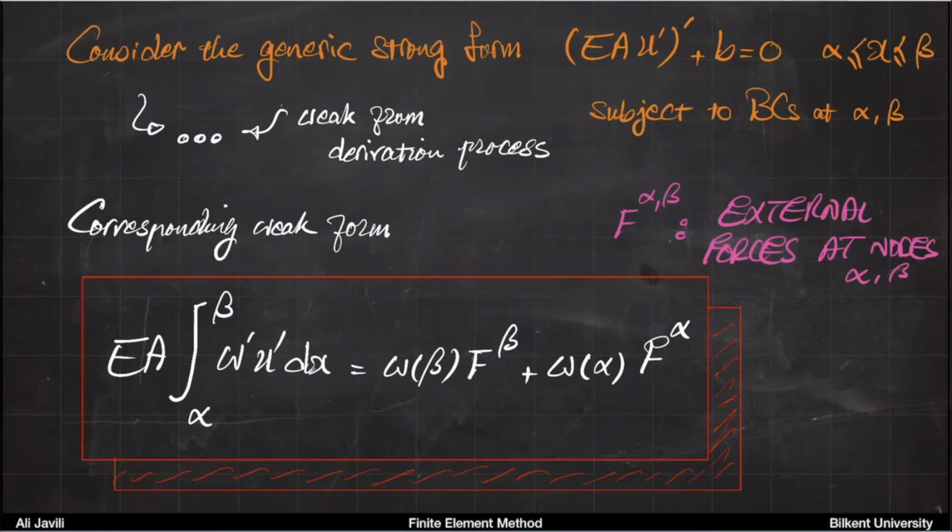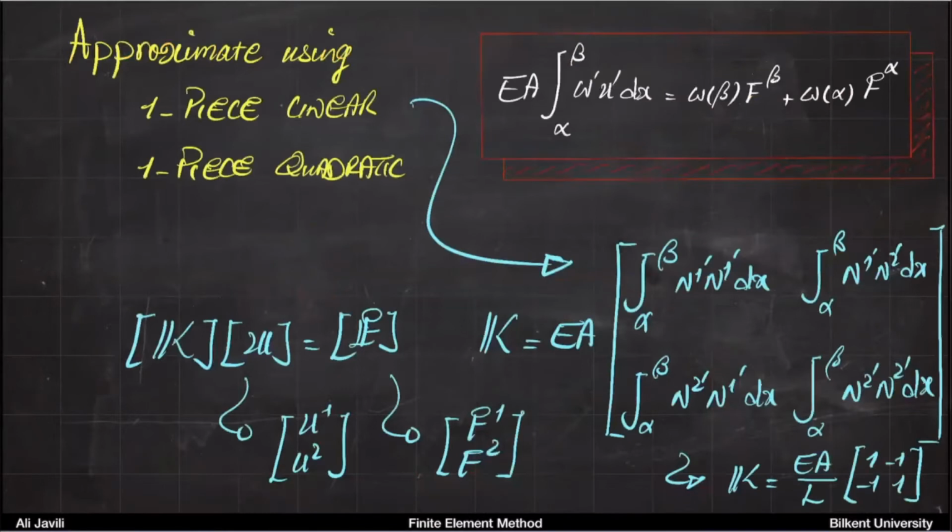We talked about this. So if you have your strong form here, you can calculate the weak form of that like this. And now here F's are basically the forces at the two ends of the structure. The only thing you need to do is now to calculate this W prime and U prime using the test functions. And we learned if you use a one-piece linear approximation, it's going to look like this.